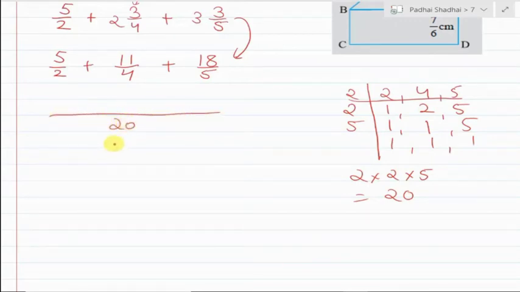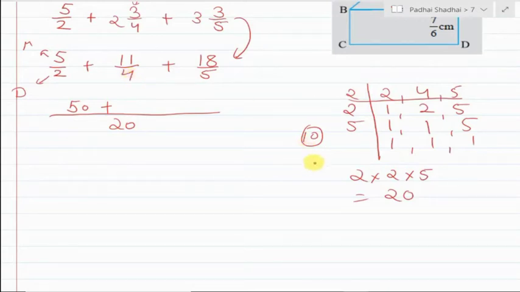Okay, so putting 20 in the denominator, remember the same thing: we have to divide the LCM by the denominator and multiply it by the numerator. So 20 divided by 2, that is 10. We have to multiply 10 with the 5, that is the numerator. 10 5s are 50, plus same way for the second one, 20 divided by 4, that is 5.